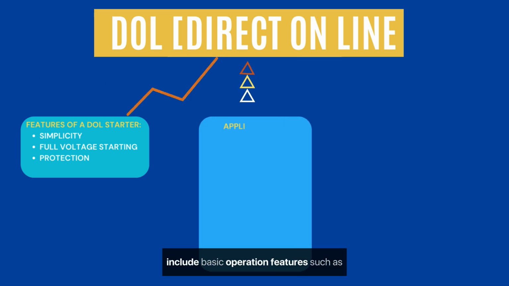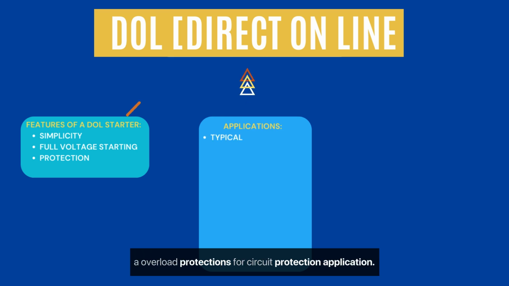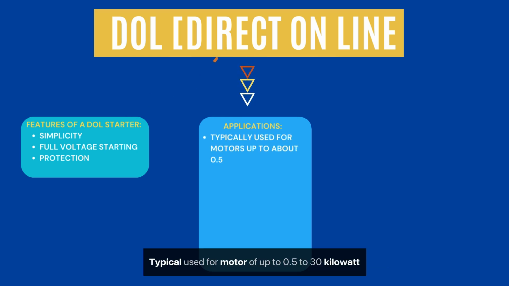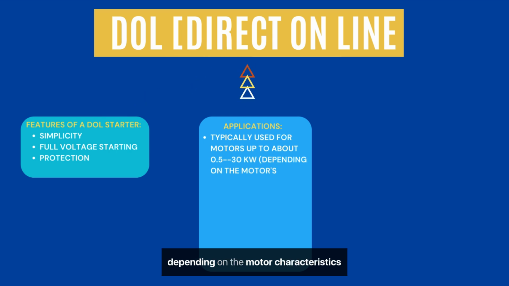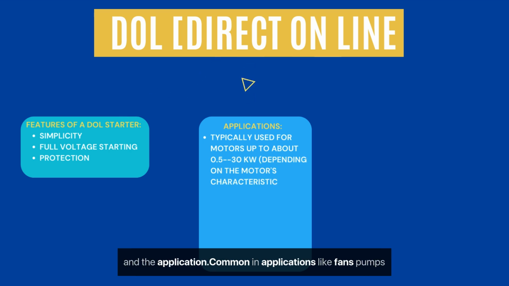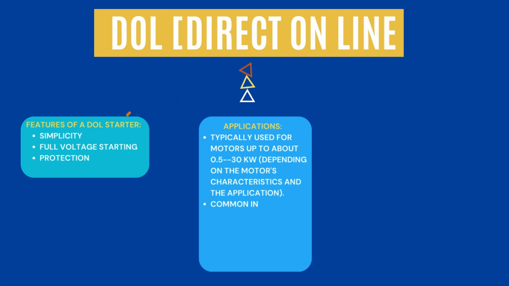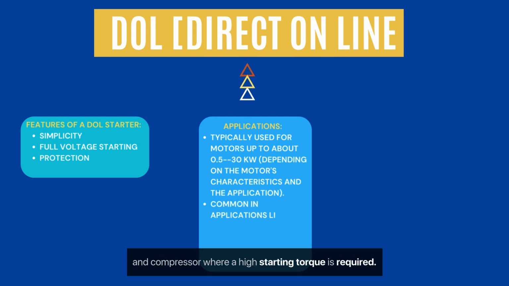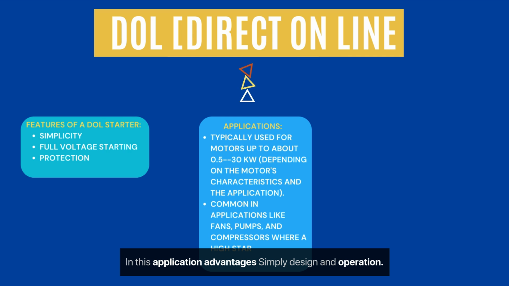Protection includes basic features such as overload protection and short circuit protection. Application. Typically used for motors from 0.5 to 30 kW depending on the motor characteristics and the application. Common in applications like fans, pumps and compressors, where a high starting torque is required.